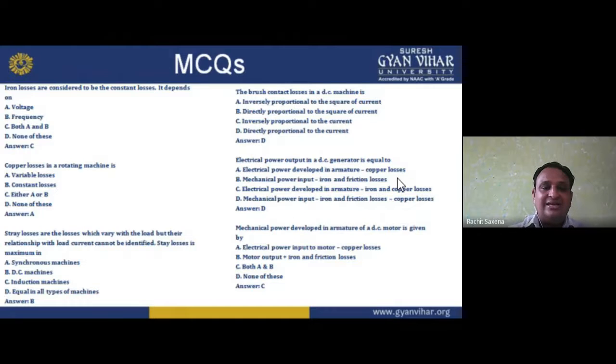Variable losses. Stray losses are the losses which vary with the load, but their relationship with load current cannot be identified. Stray loss is maximum in which machine, synchronous machine or DC machine? Obviously the DC machine. The brush contact loss in a DC machine is directly proportional to the current. The electrical power output in a DC generator is equal to mechanical power input minus iron, friction, and copper losses.